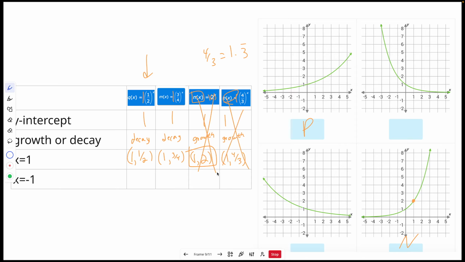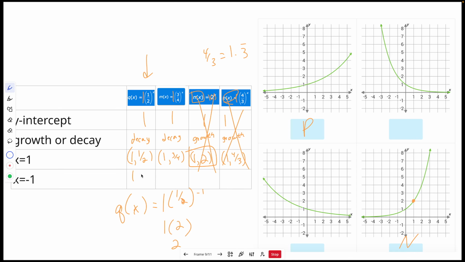All right, now for Q and M, these are close, right? 1/2 and 3/4 are kind of close. It's kind of hard to tell from the graph. So now let's do our last test, which is plugging in -1. When you plug in -1 here, we should know about negative exponents already. Change it to a -1, okay? This becomes 1 times 2, which then just becomes 2.